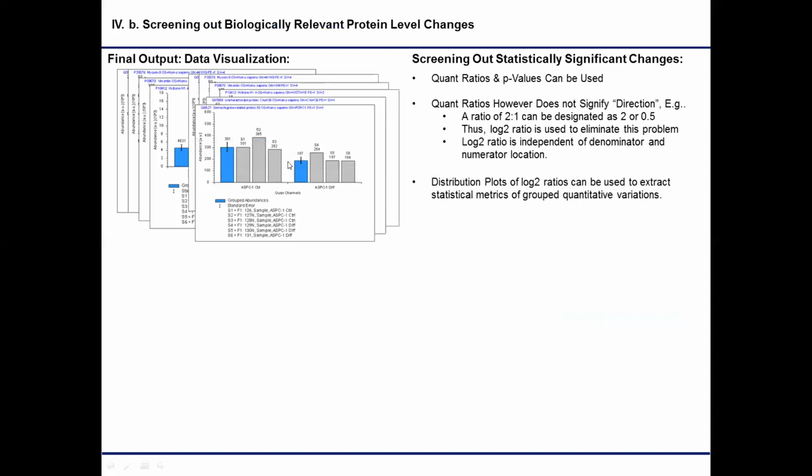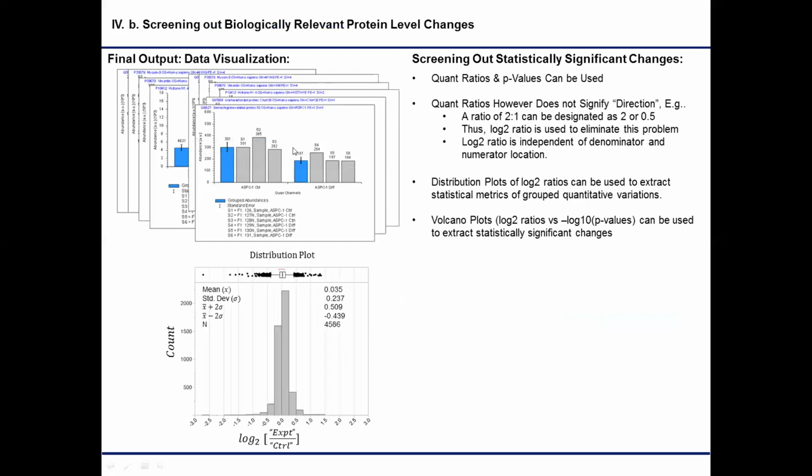So when you can get log2 ratios between the grouped abundances, then we can get the statistical metrics of grouped quantitative variation by basically making distribution plots. For instance, in this particular example, the log2 experimental versus the control distribution that is taking place here.